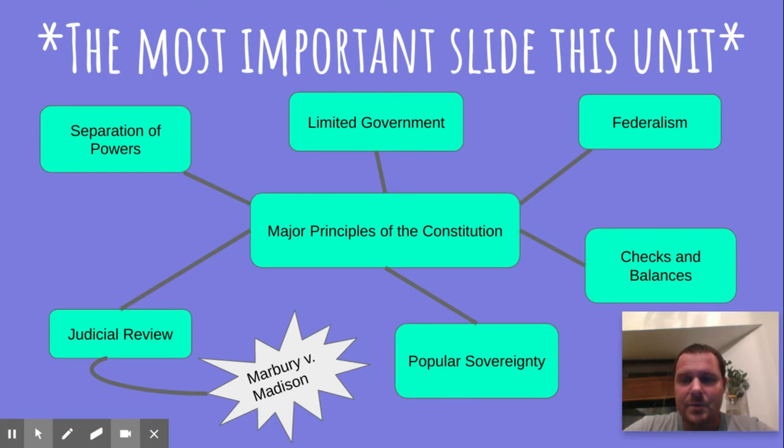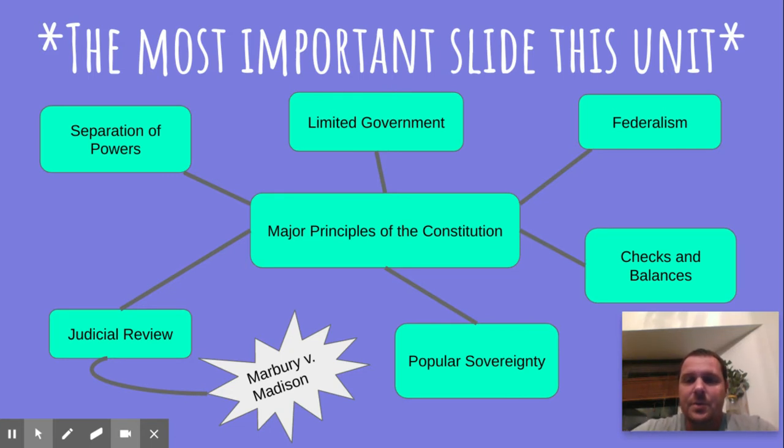There's a big difference between power being shared and power being equal. There's certain things that the national government has the power to do, like declare war, for instance, that the states don't have the power to do. And there's certain things the states have the power to do, like give you a driver's license, that the national government doesn't have the power to do. So power is not equal, but it is shared. In fact, that concept is so important that the entire next chapter, chapter 4, is going to be about federalism.